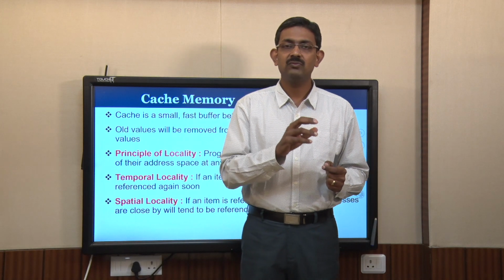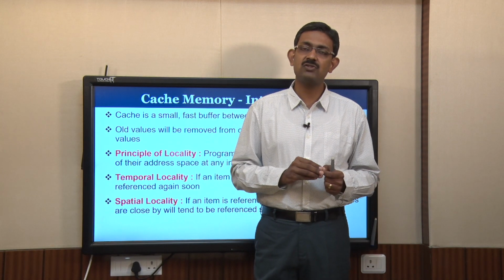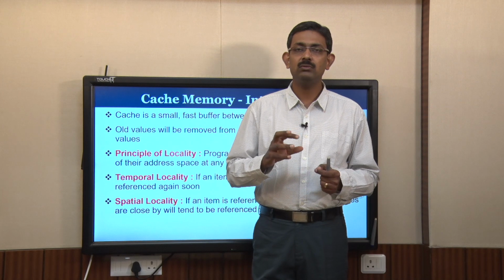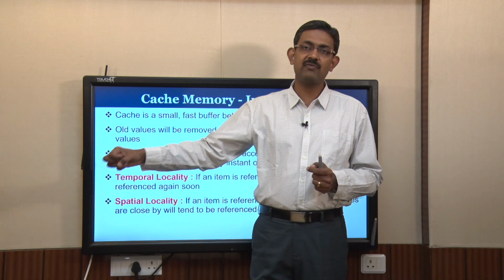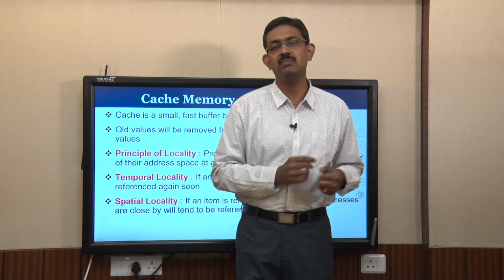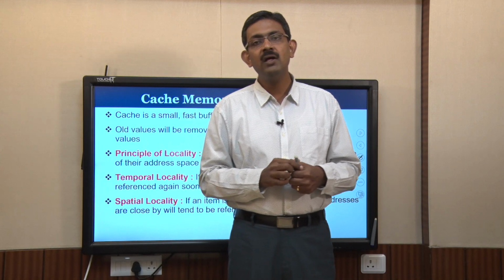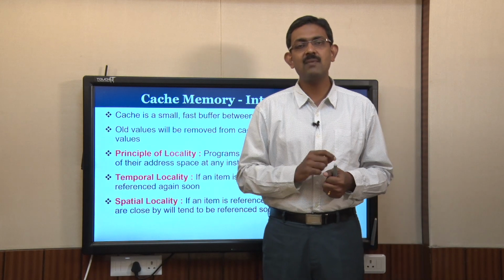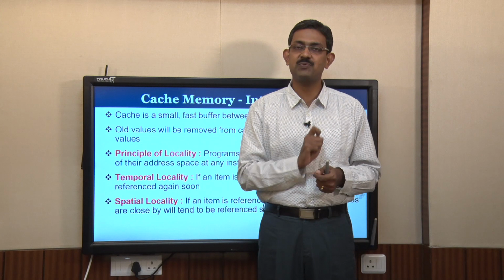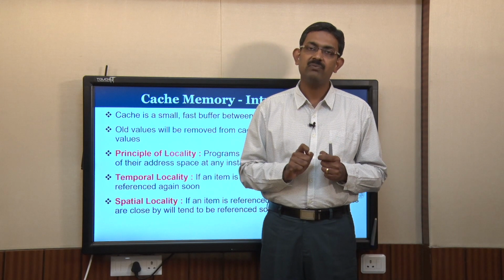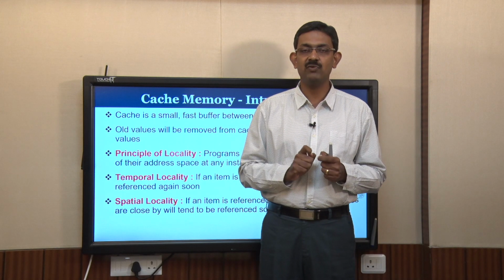If for the very first time the requested word is not available, the word is taken from the main memory and given to the CPU. If we know that programs exhibit temporal locality, then whatever word the CPU has requested at this point will be re-requested again in the near future.